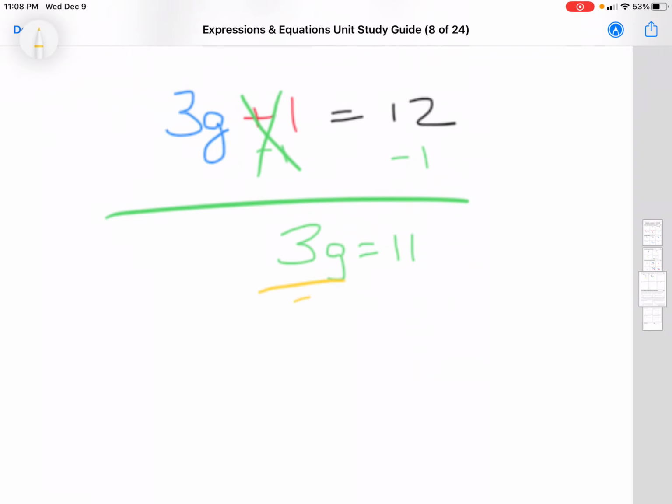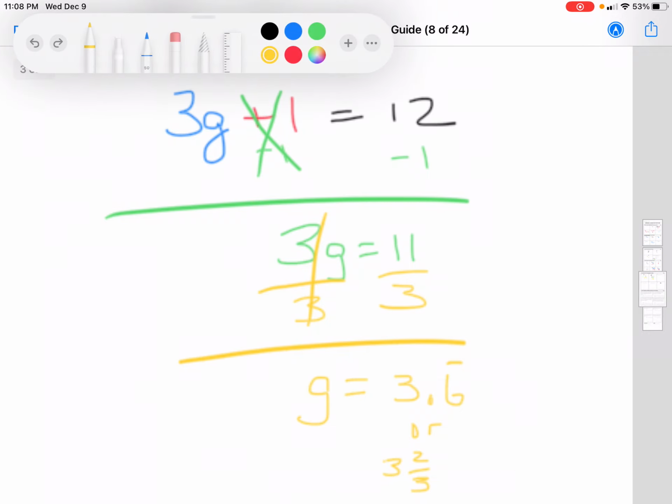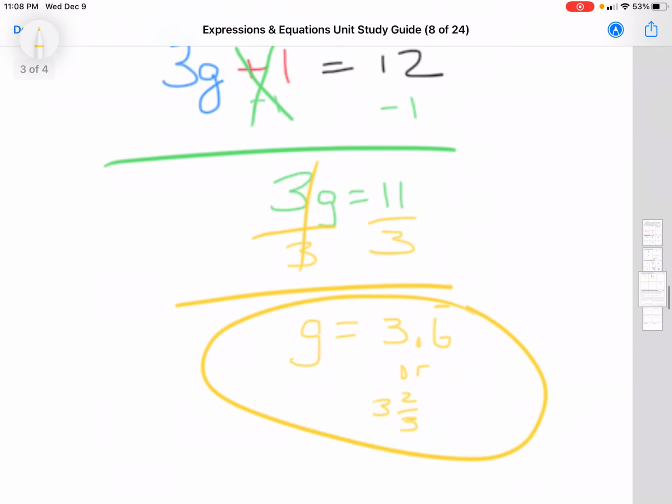Divide by 3. g is going to equal 3.6 repeating, or 3 2/3. Whoops, I drew right through the thirds. There you go.